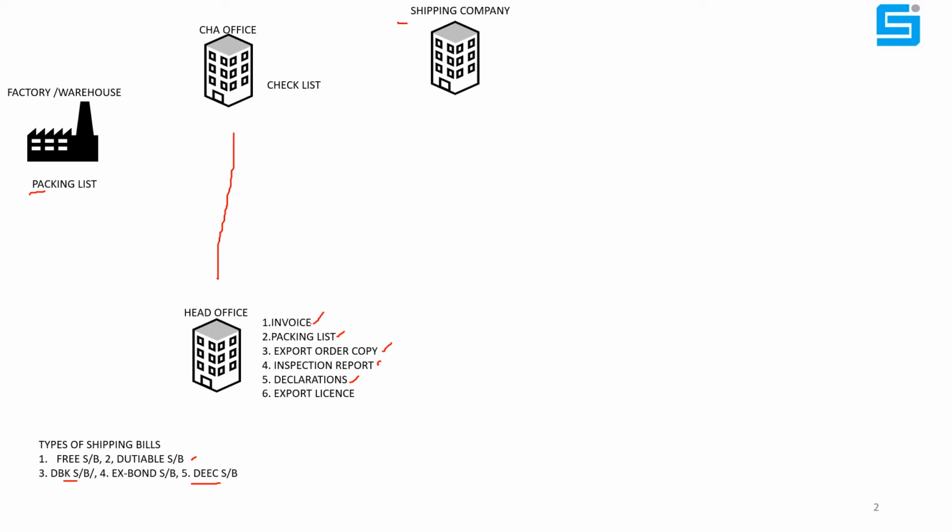The exporter may directly contact the shipping lines and get the rates from them, get the better rate, and instruct the CHA to take the delivery order from the shipping line. Otherwise, the CHA may contact the shipping line, get the rate, and inform the exporter this is the rate.